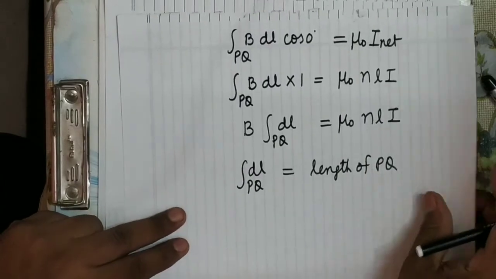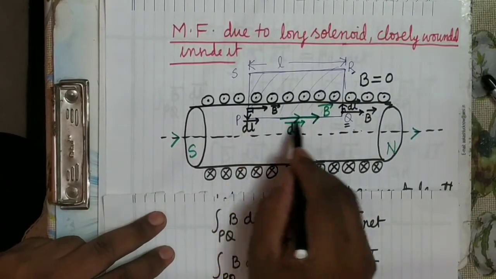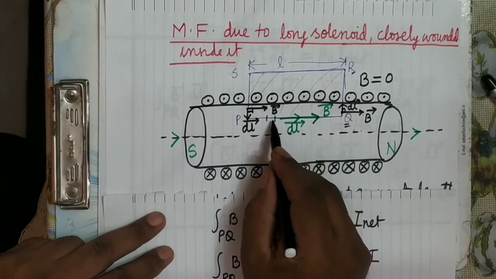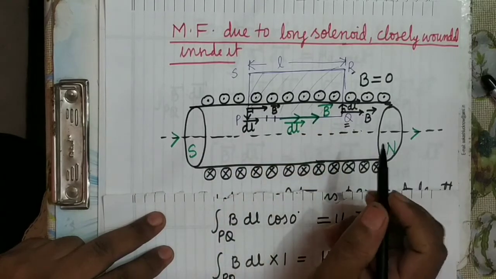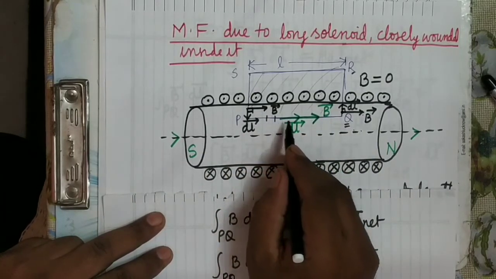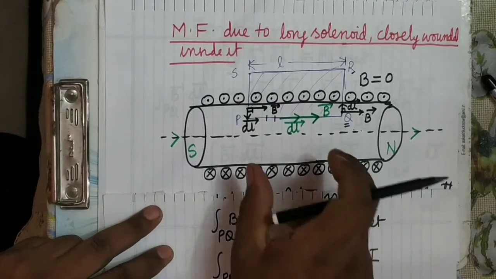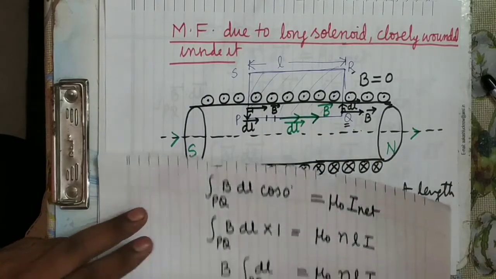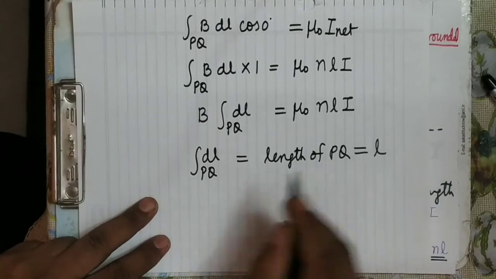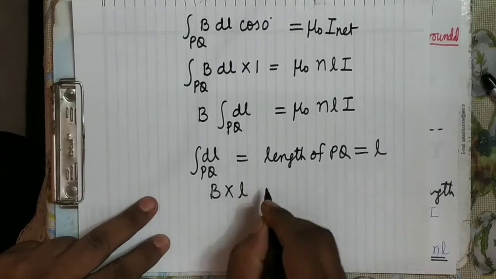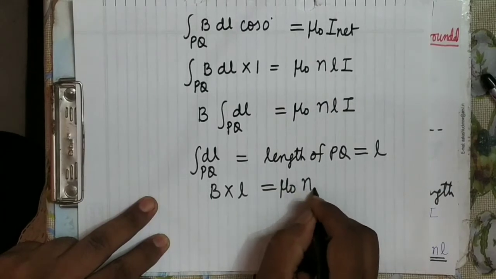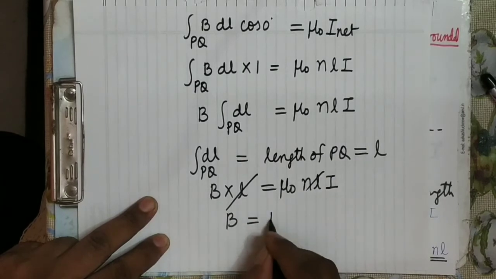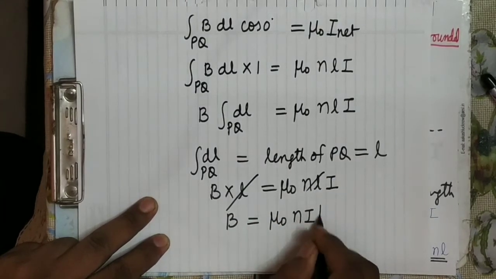Integral dl over PQ means the sum of the lengths of infinitesimally small parts taken over PQ. When you add the lengths of all such parts over PQ, it becomes equal to the length of PQ, so it is equal to L. So B into L equals mu naught n L I. L and L cancel. So B equals mu naught n into I.